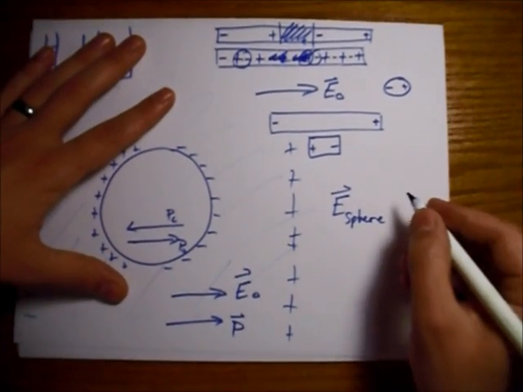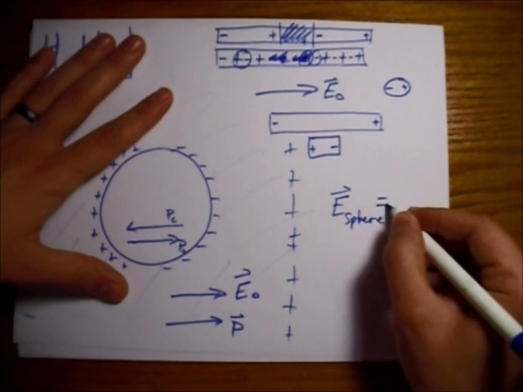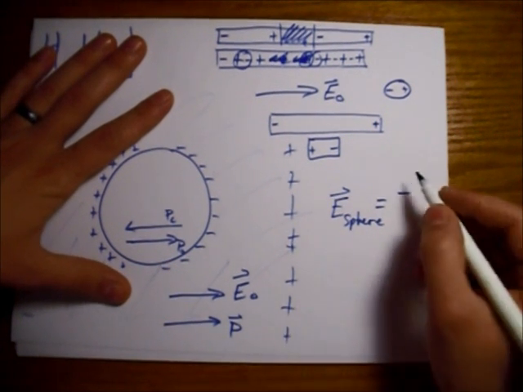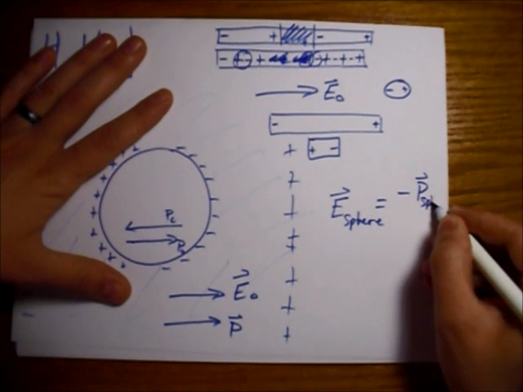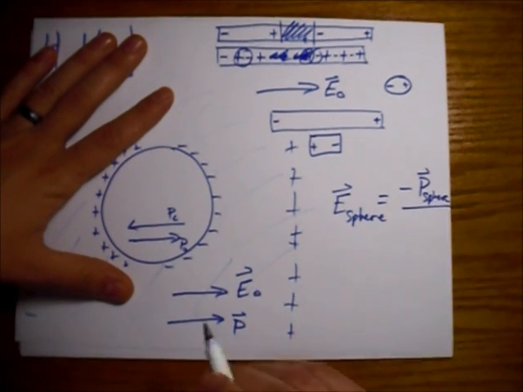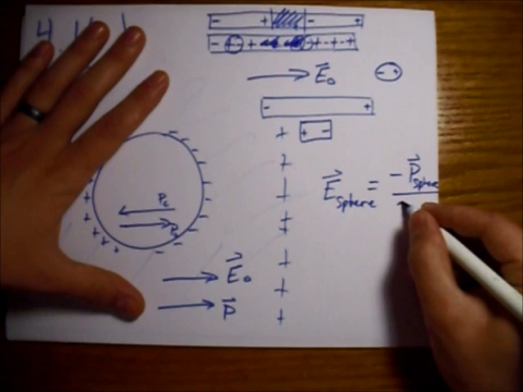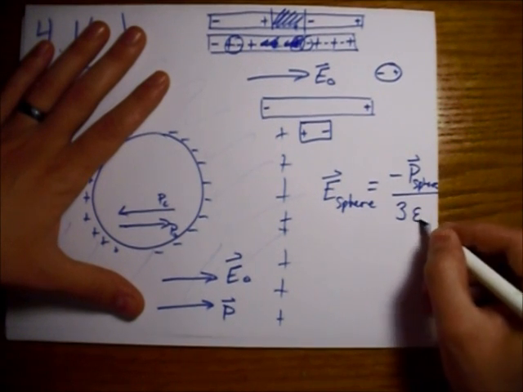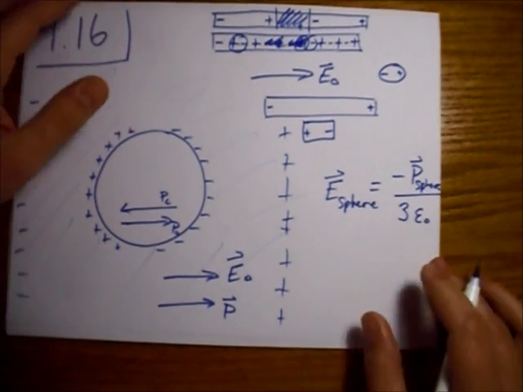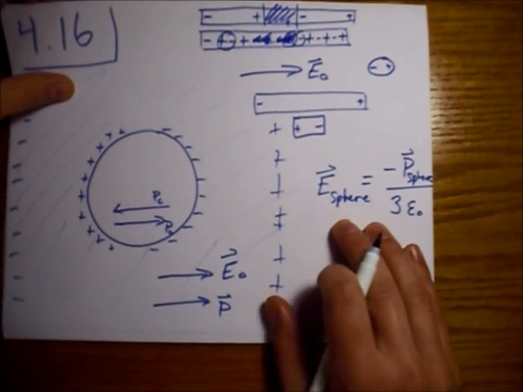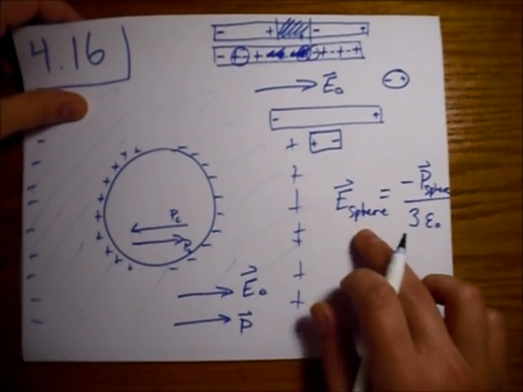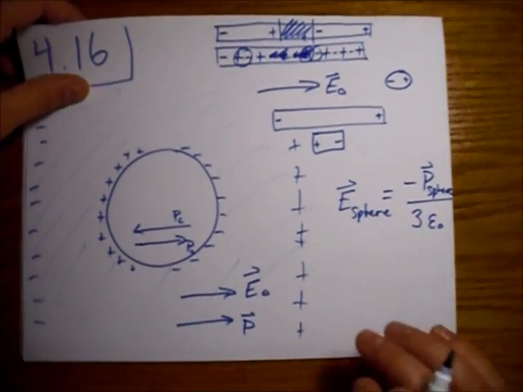So it's actually opposite in direction to the polarization. But there is a factor of 3. And then we have our permittivity of free space here as well. Okay, so this is the electric field due to a uniformly polarized sphere.